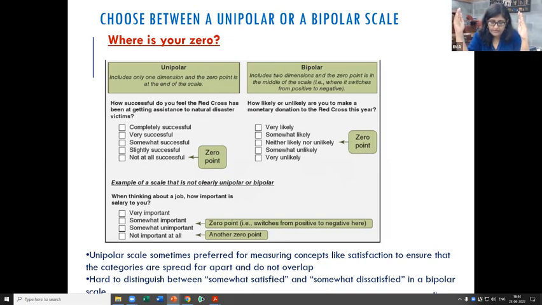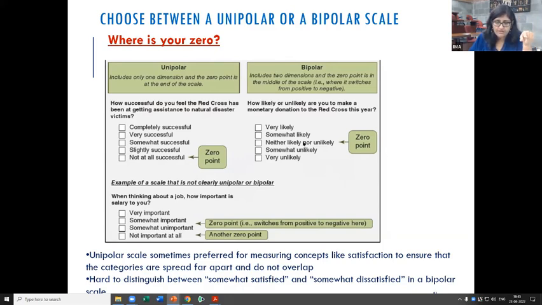Okay. If you look at the first example, completely successful, very successful, somewhat successful, slightly successful, not at all successful. Not at all is your 0. So this is a unipolar scale. Here, the middle option is neither likely nor unlikely, neither here nor there. So it's a 0. This is an example of a bipolar scale.